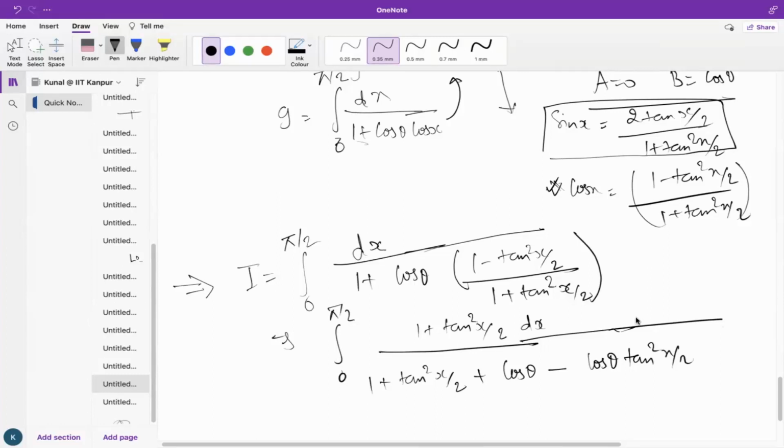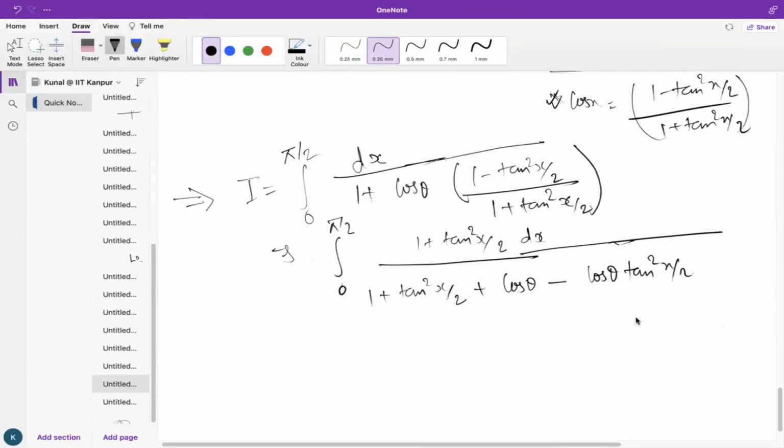Now, what we have to do here, in the numerator, 0 to pi by 2, it will be like sec square x by 2 dx. And like in the numerator, if we notice one thing, what we get actually, let me read it first.